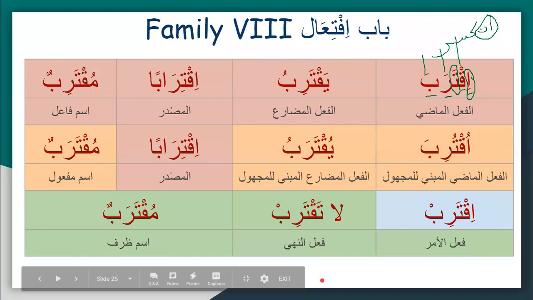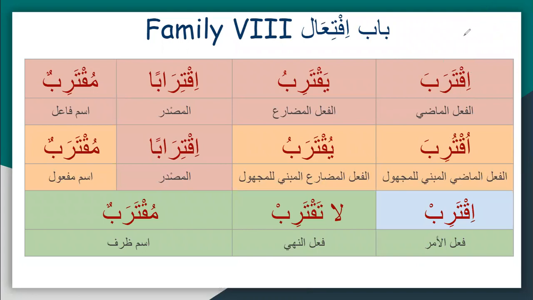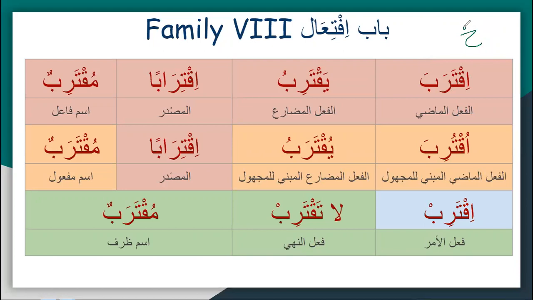Let me give you an example so you will understand it better. If I want to say kha, lam, fa, and use this root in the iqtaraba family, what is it going to become?